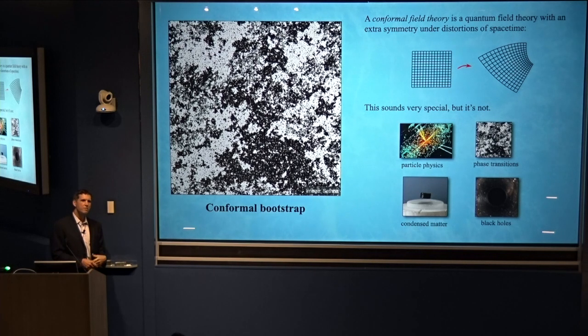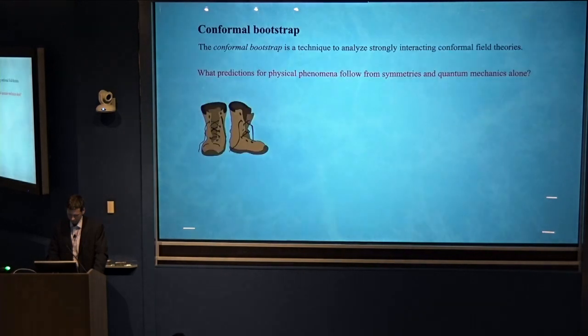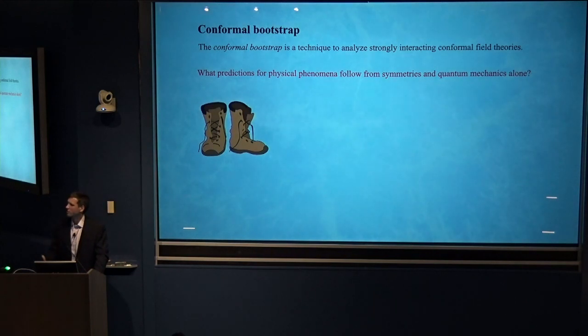So this is one of the examples of a physical system where you get a conformal field theory. So that's a conformal field theory. It's these special theories of matter with this extra property.